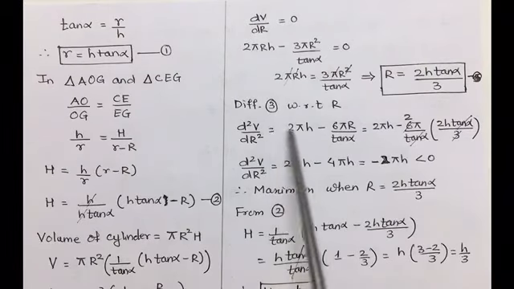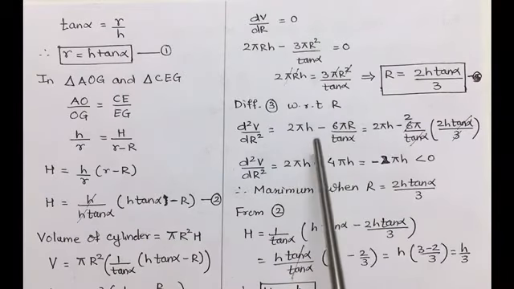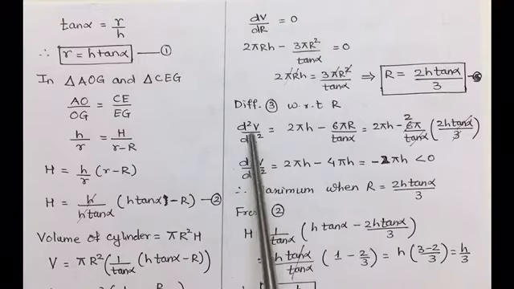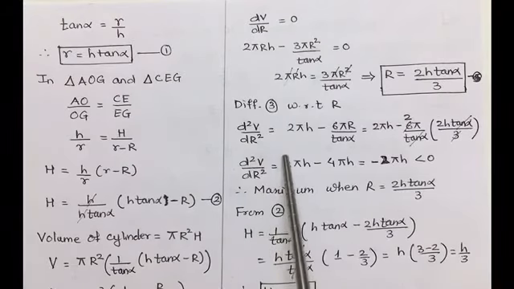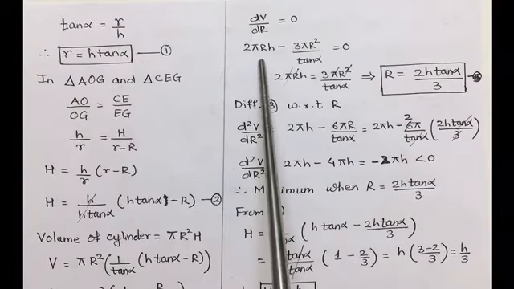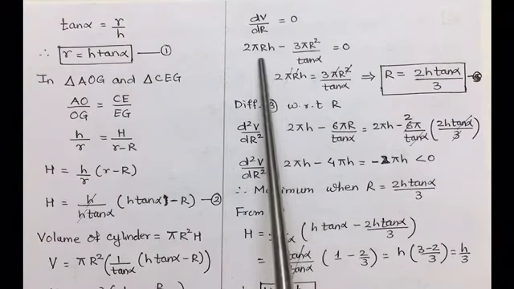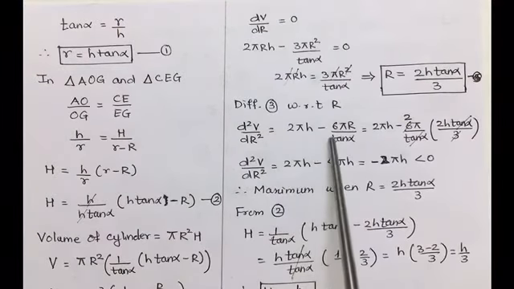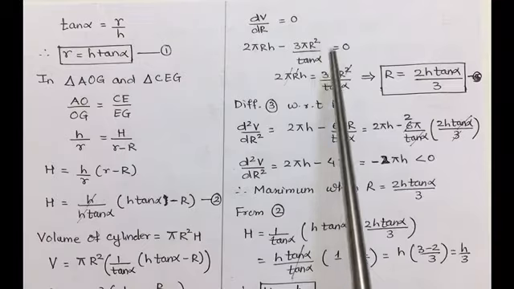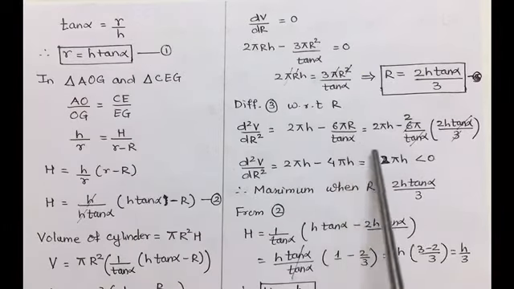Now for maximizing the volume, the statement number 4, we will differentiate it again with respect to R. So d square V upon dR square will be equal to 2 pi h, because this is the first derivative which is differentiated, R differentiation is 1, so 2 pi h remains, minus R square derivative is 2R, so it becomes 6 pi R upon tan alpha.